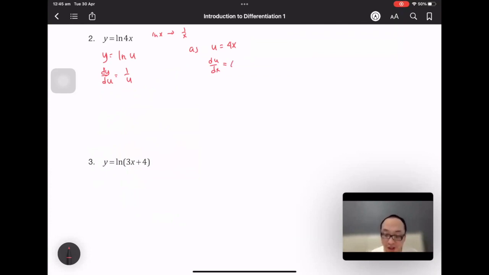Now dy over dx will be equal to dy over du times du over dx. So this equals 1 over u times 4 equals 4 over u, and we replace it for x, equals 1 over x.